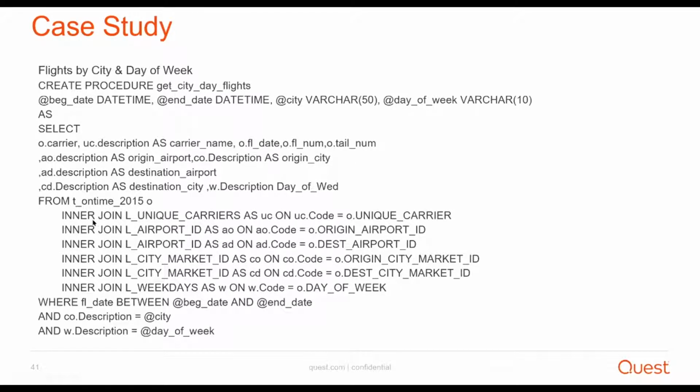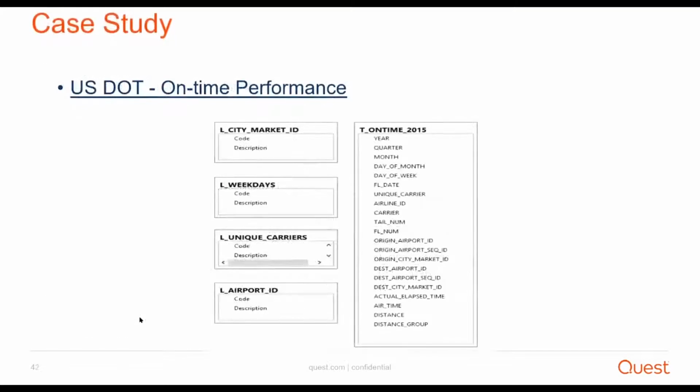And then I joined on these lookup tables: the unique carriers, the originating airport and the destination airport, the originating city and the destination city, and then the day of week. And then I pass in my filtering predicates: flight date between begin and end date, day of week equals the weekday, and a description equals the originating city.